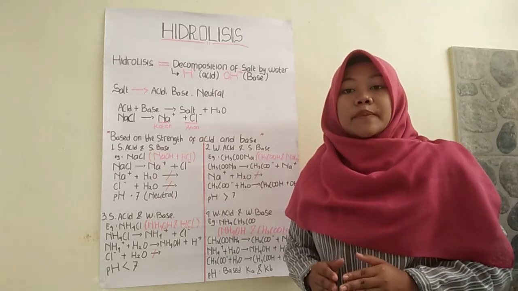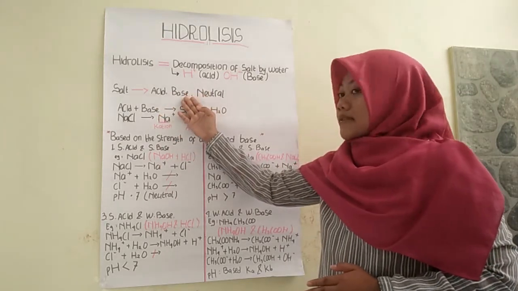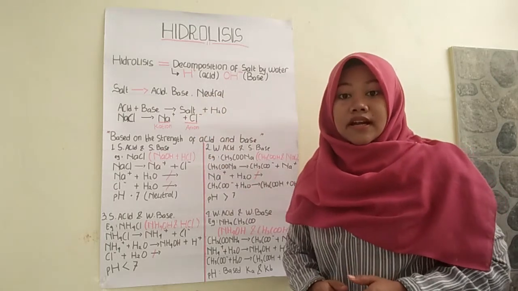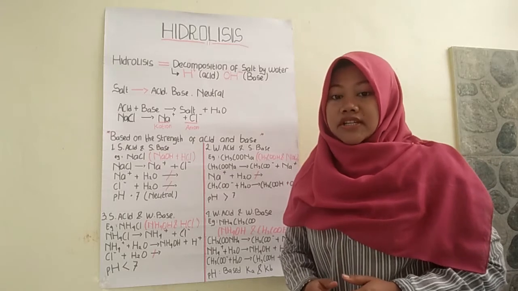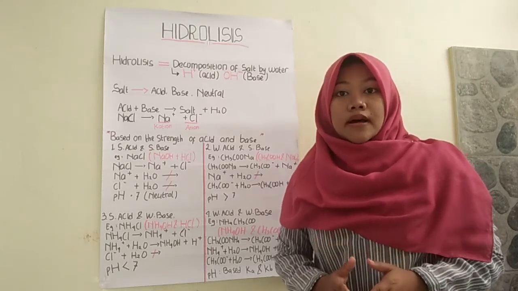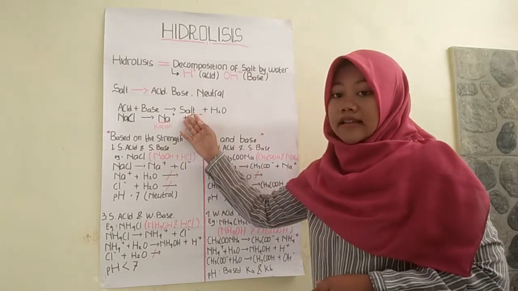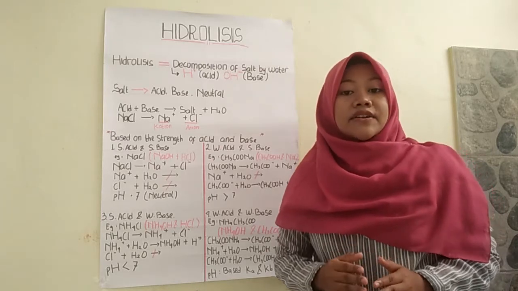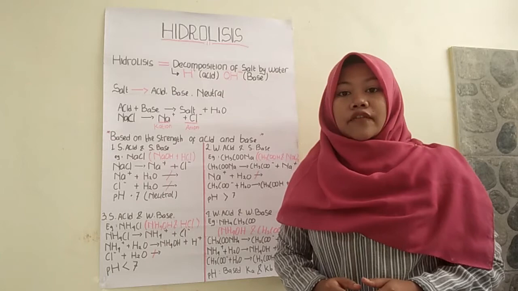So, we can produce acid salt, base salt, and neutral salt. Here, hydrolysis is an acid-base reaction in which both are depleted and only salt remains, so that in hydrolysis, we will calculate the pH of the salt.